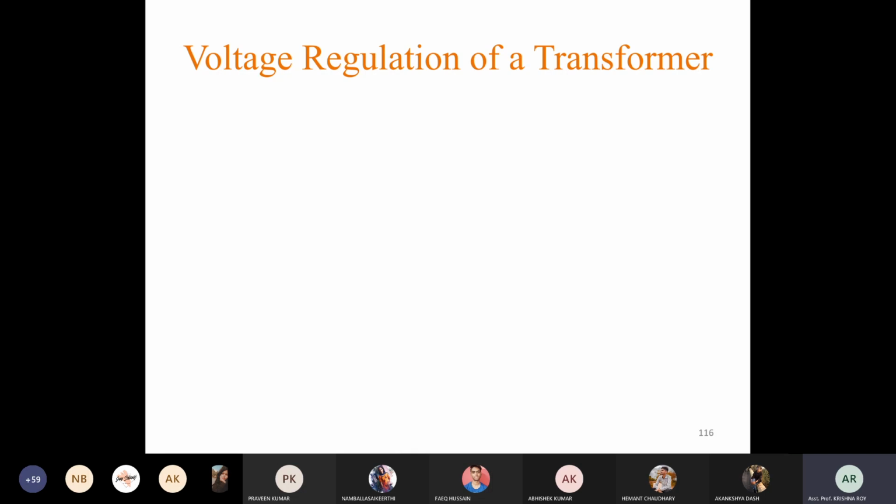Then we determined the condition for zero voltage regulation. Now today we will discuss the condition for maximum voltage regulation.